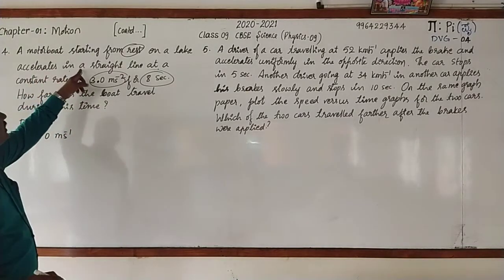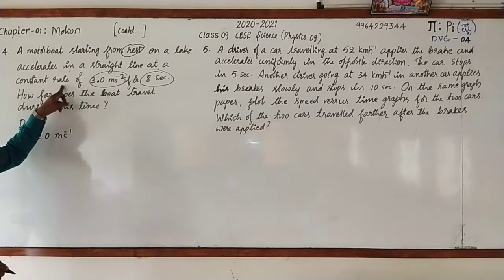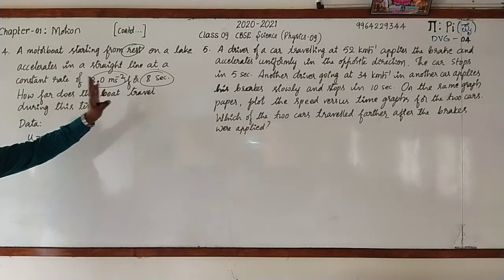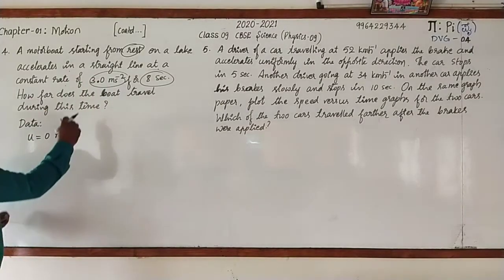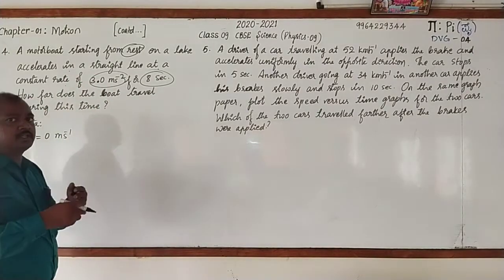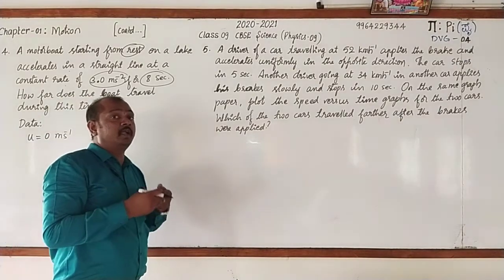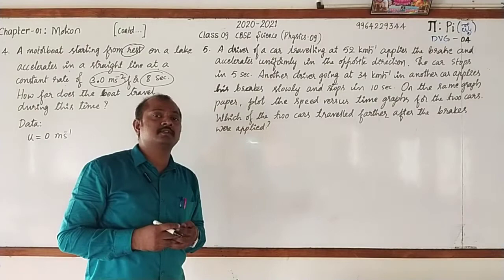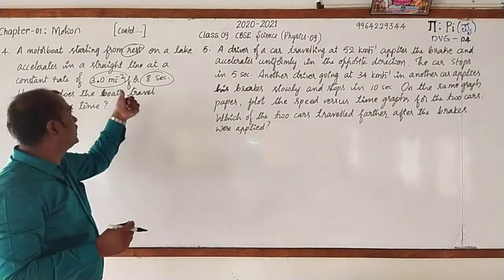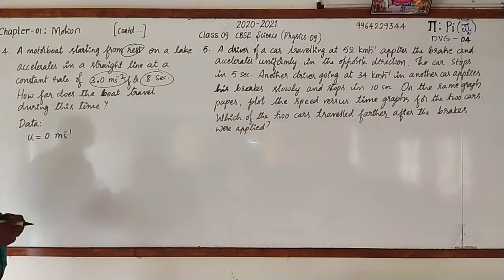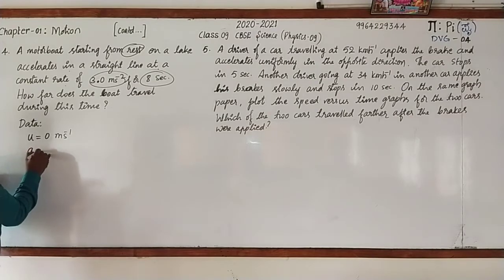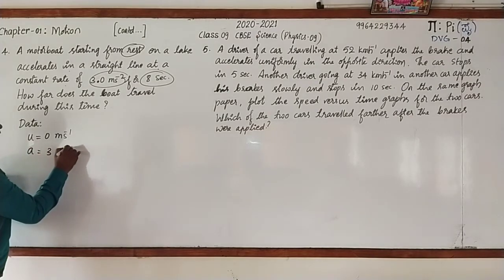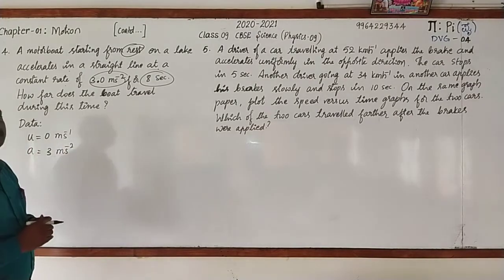And it accelerates in a straight line at a constant rate of 3 meter per second square. What does it mean? Here it is changing its speed continuously, and the rate of change of velocity is nothing but acceleration. That acceleration is 3 meter per second square. Here I will write a equal to 3 meter per second square.